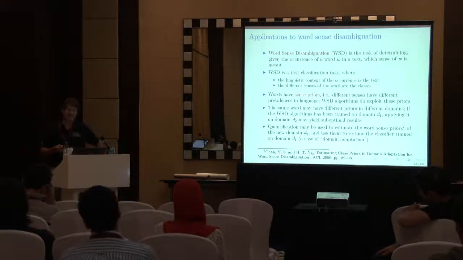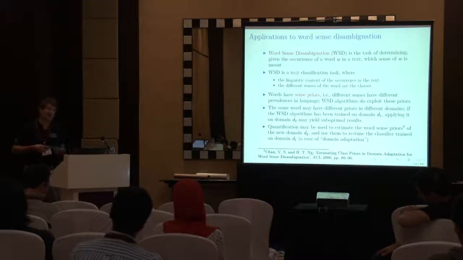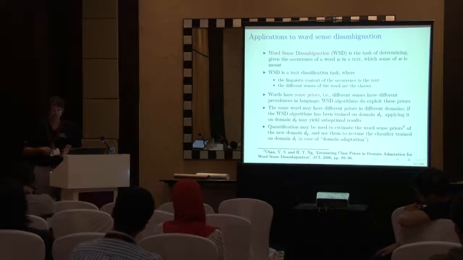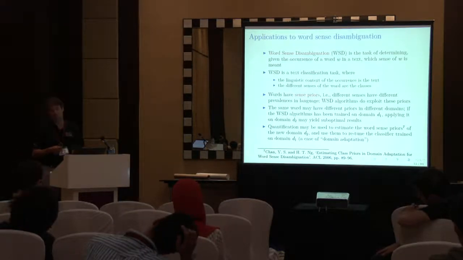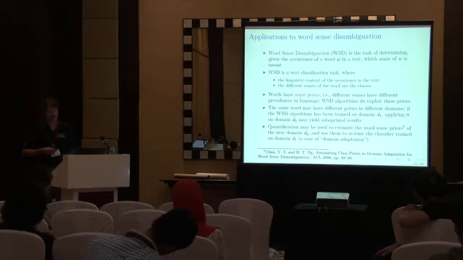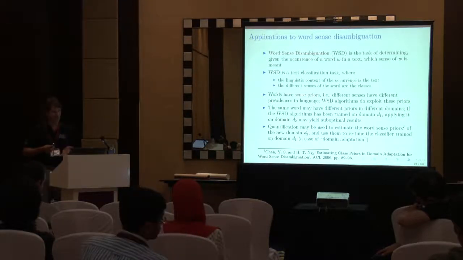The problem is that when you train a word sense disambiguation algorithm on one domain, you might want to port it to a different domain. But what if the different domain has different sense priors? You're going to get suboptimal word sense disambiguation accuracy.